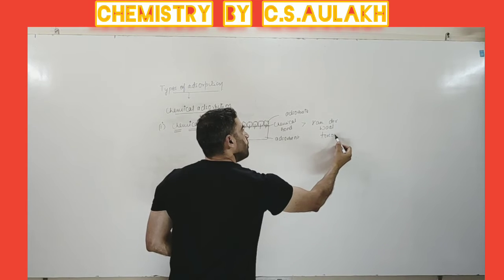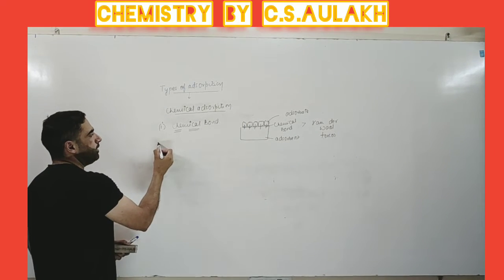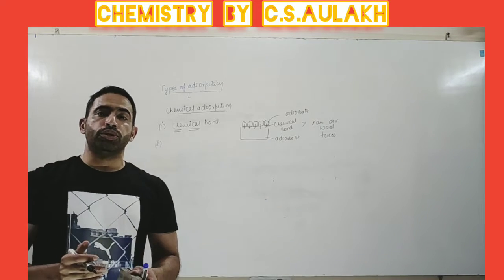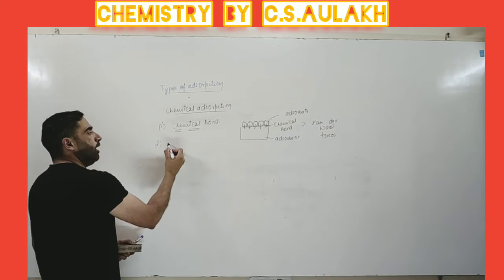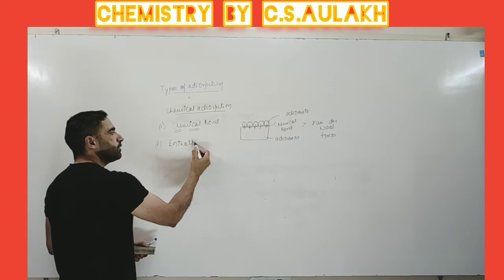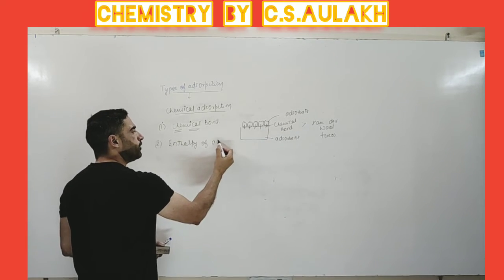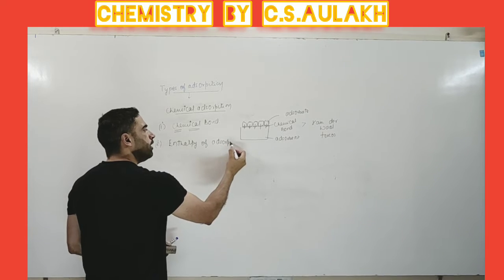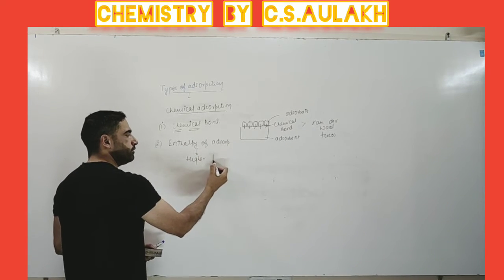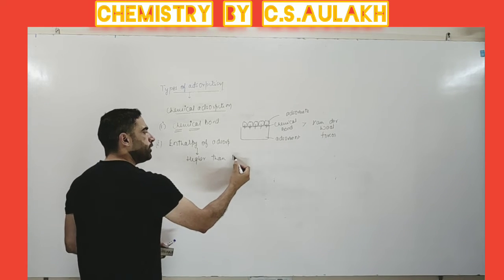As these are stronger, we can write the second characteristic feature of chemical adsorption: the enthalpy of adsorption in this case will come out higher than in physical adsorption.